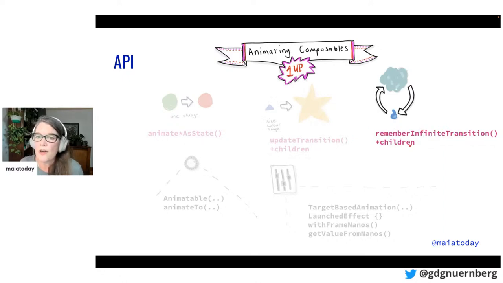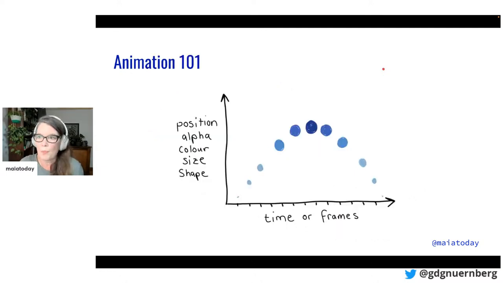So it also has children, and it starts as soon as the composable gets composed. It will start and it will either run once, or you can get it to run in a loop. So you're using this kind of transition for your looped animations. And so at the bottom here, I've got some more deeper layer animation API things, but I'm not going to talk about those tonight.